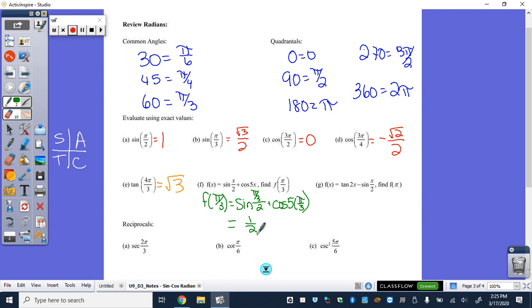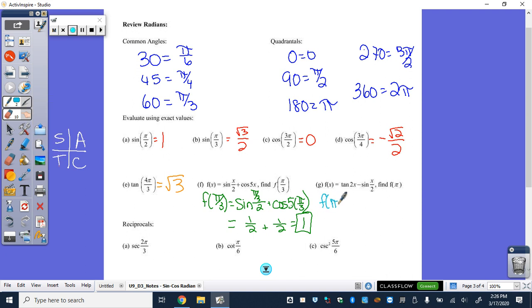So the sine of 30 is 1/2. Plus cosine of 300. So again, 60 times 5, 300. Cosine is positive in the fourth quadrant. Reference angle is 60. So cosine of 60 is 1/2. 1/2 plus 1/2 is 1.